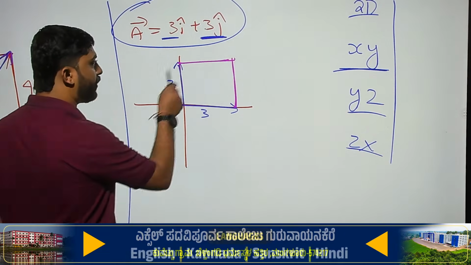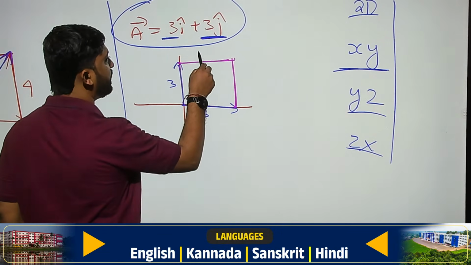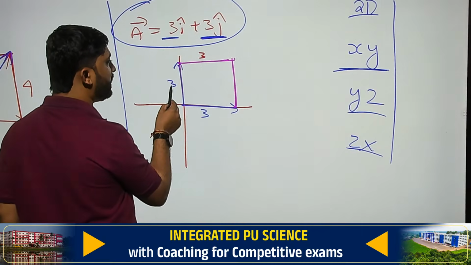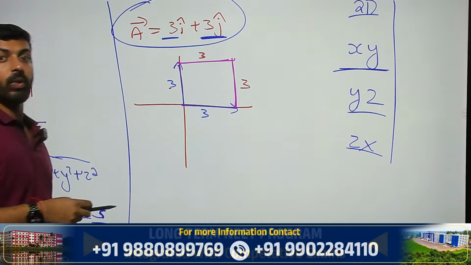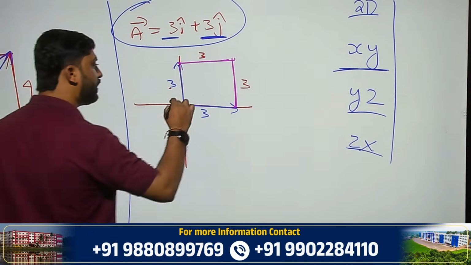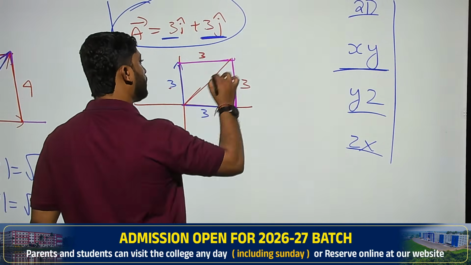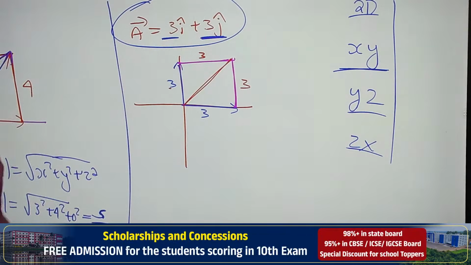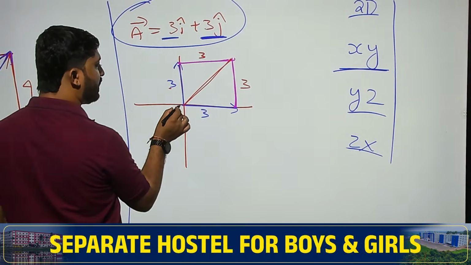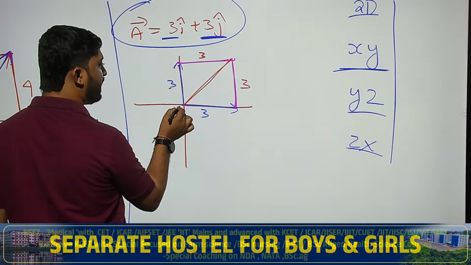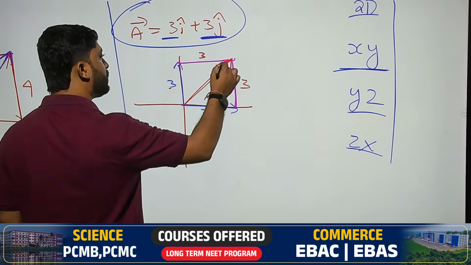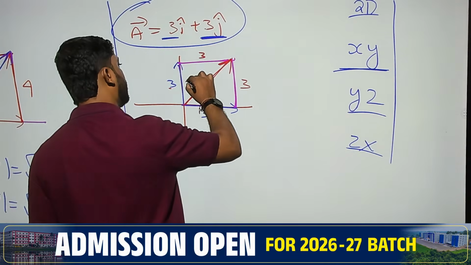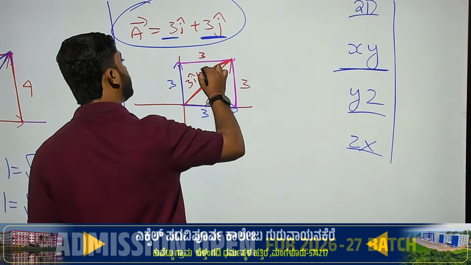So I have drawn a rectangle. If this is 3, this side is also 3, and if this is 3, the opposite side is also 3, because it is a rectangle. Now we have a square. Now we have to draw a diagonal. Okay, so at the point where the tails meet, we have a tail, and at another point we have a head. So this diagonal is 3i plus 3j.